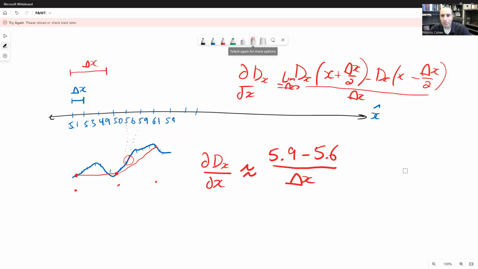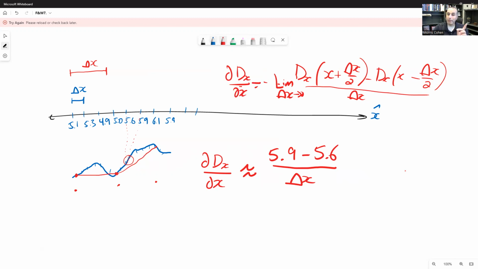Let me rewrite that. Now, this is our definition of the derivative of Dx with respect to x.